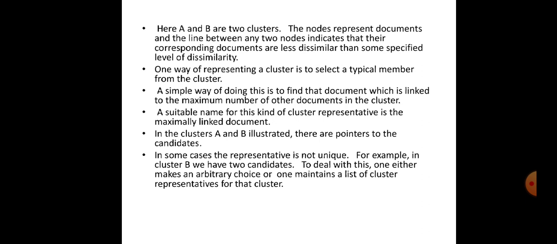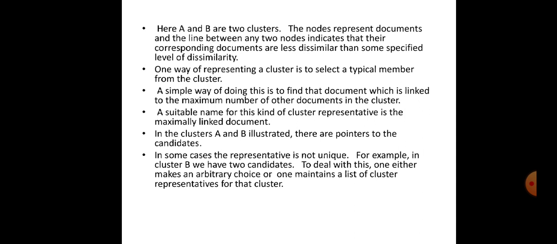One way of representing a cluster is to select a typical member from the cluster. A simple way of doing this is to find the document which is linked to the maximum number of other documents in the cluster. So a suitable name for this kind of cluster representative is the maximally linked document.